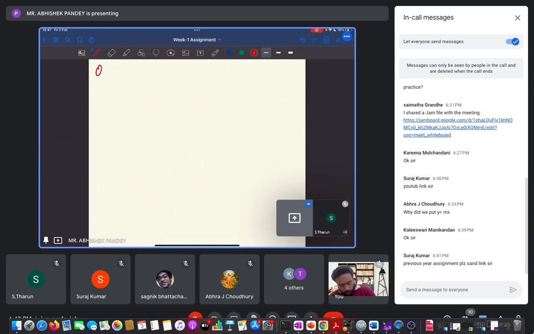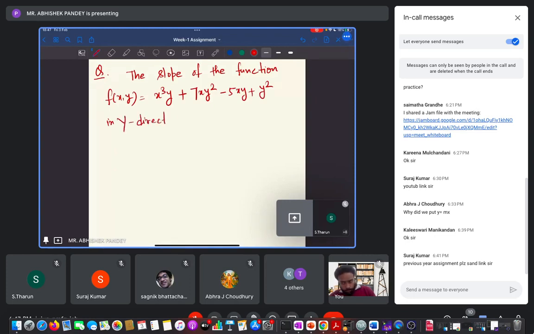The question is: the slope of the function f of x comma y equals x cube y plus 7 x y square minus 5 x y plus y square, in y direction at the point 0 comma 1 is, so we need to find this one.